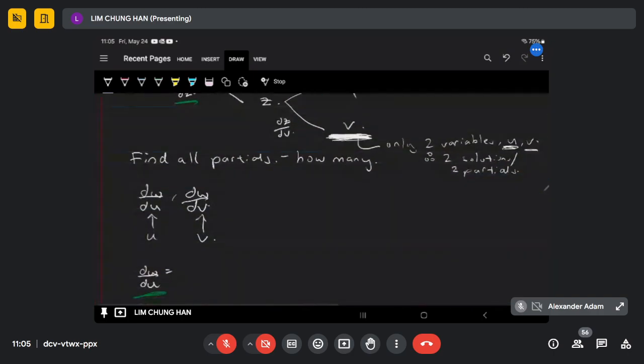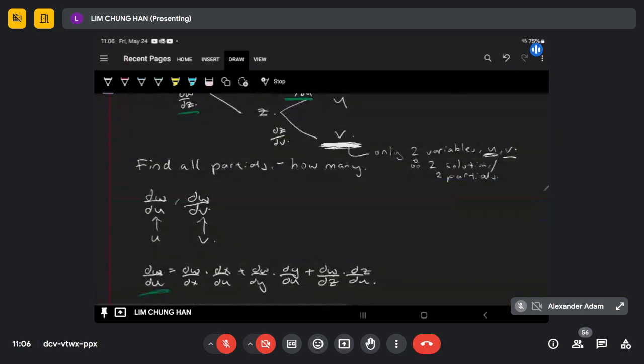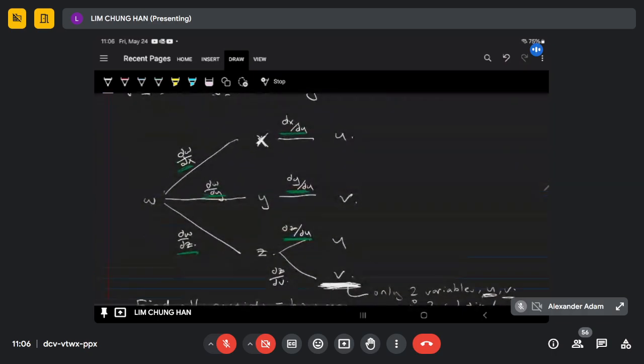Okay, is that clear? Do you know how you come up with this? Yes, it's basically all the ones that I underlined using the green color. Okay, all the ones that have u.